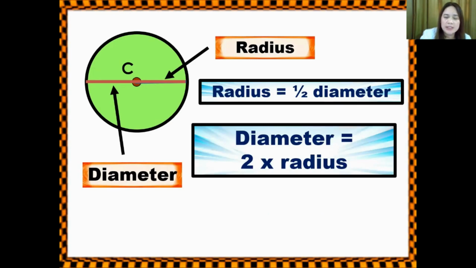Again, if you are given the diameter, you simply divide it by 2 to get the length of the radius. And if you are given the radius, then multiply it by 2 to get the length of the diameter.